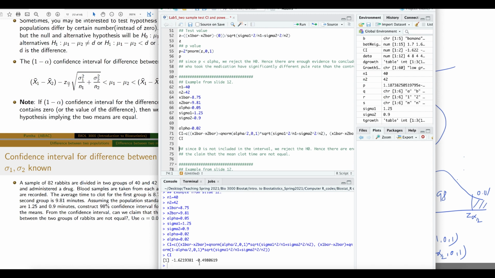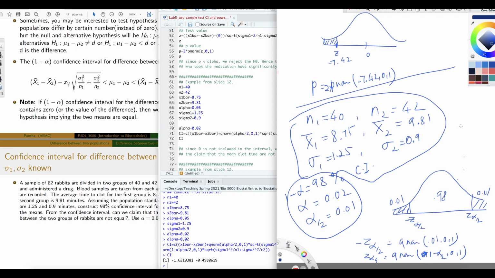1.6219 and negative 0.49. The 0 is the null hypothesis value, because in this problem, H0 is mu1 minus mu2 equals 0, and H1 is mu1 minus mu2 not equal to 0, right?